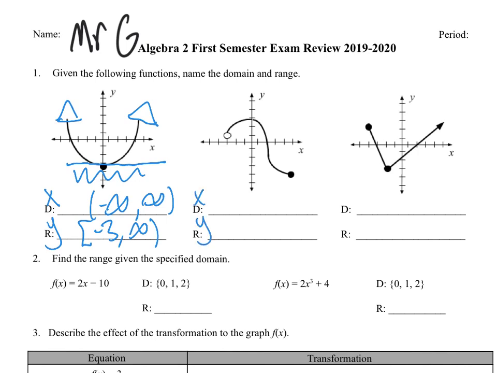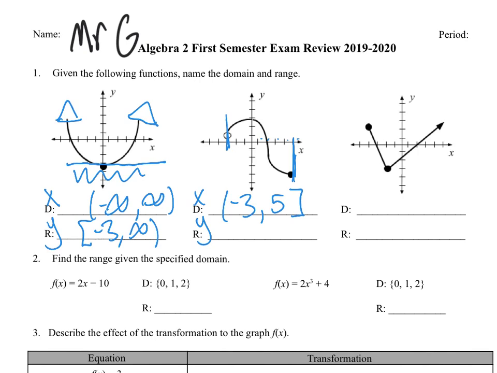Again, domain is X, range is Y. So domain starts here at -3. That's going to be parentheses just because of the open circle, and then it comes all the way over here to 5, and that's going to be a bracket.